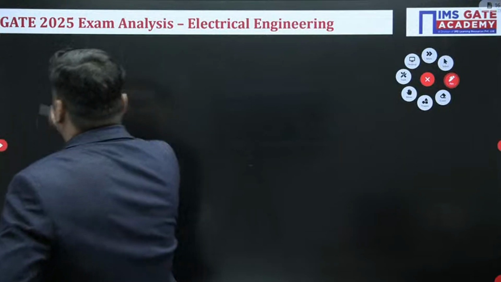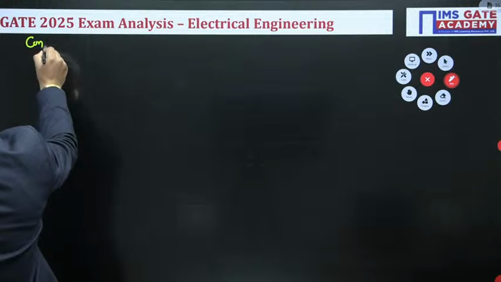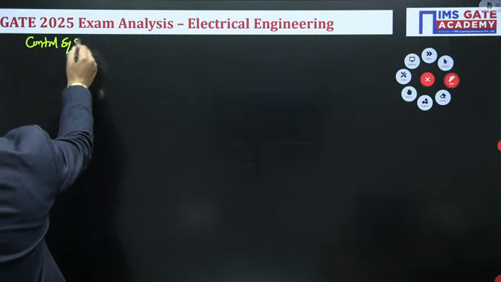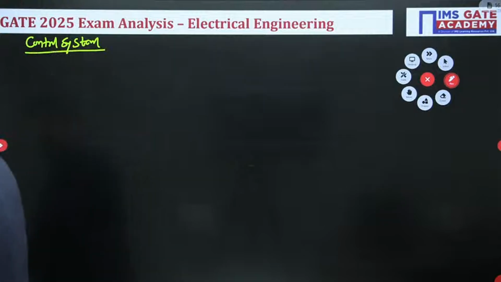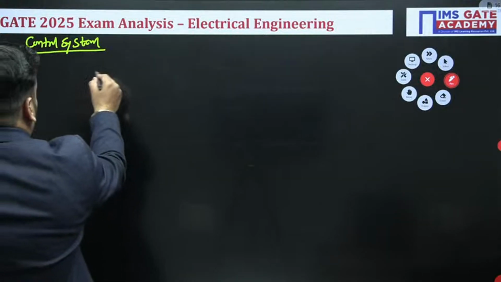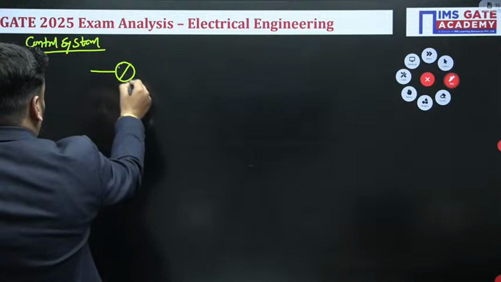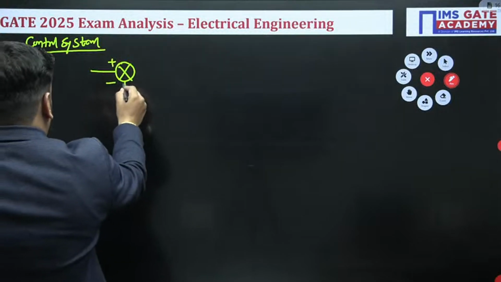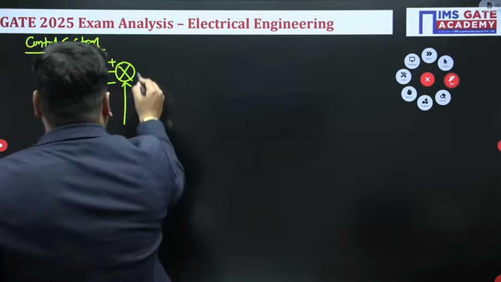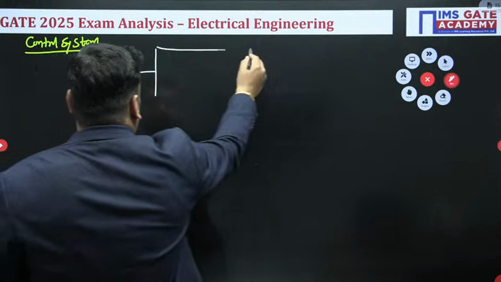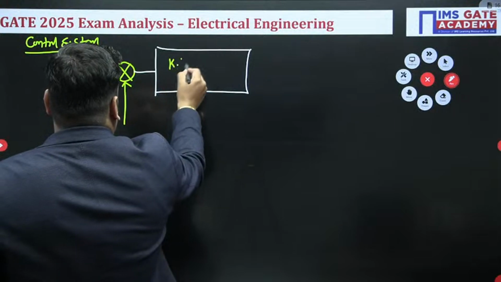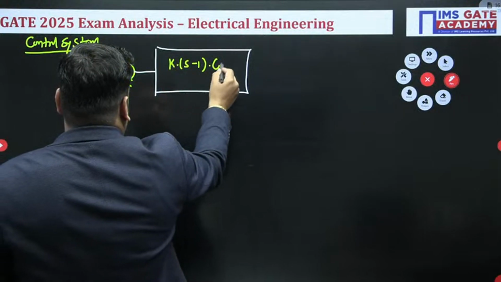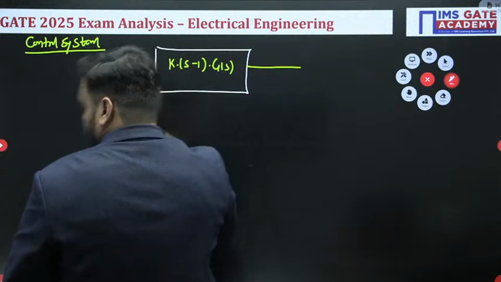Okay, one more question from control system. So control system, we are solving a question here. One question where G of s value is given to you. First of all, one diagram is given. A closed loop system is given to you, and here first K into (K·s minus 1), G of s, and G of s is separately given to us.